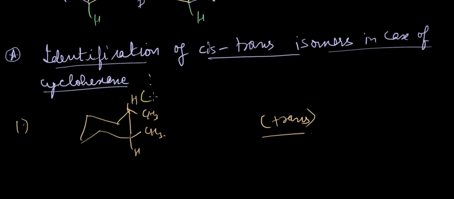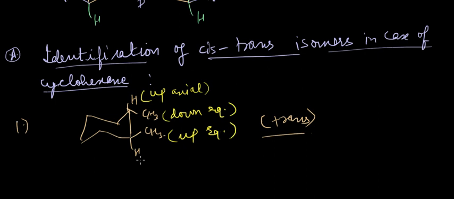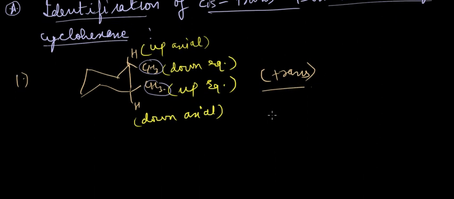Because H is up axial, CH3 is down equatorial, this CH3 is up equatorial, and this is down axial. So the higher priority groups, which were these, are at opposite ends to each other, so this is trans.